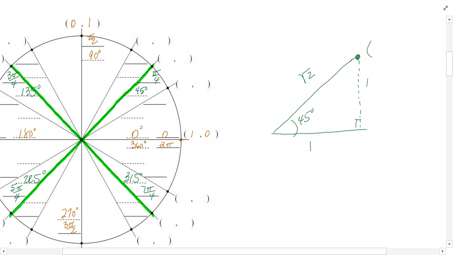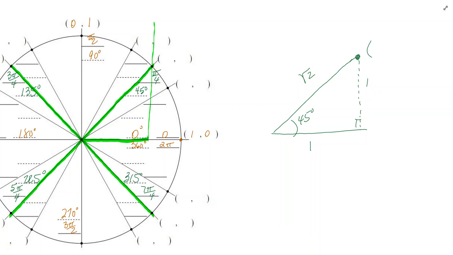In other words, let me see if I can draw this over here. I would have now this triangle who is supposed to have a hypotenuse of 1. I still know it's a 45-45 triangle, so I need to scale back my dimensions.